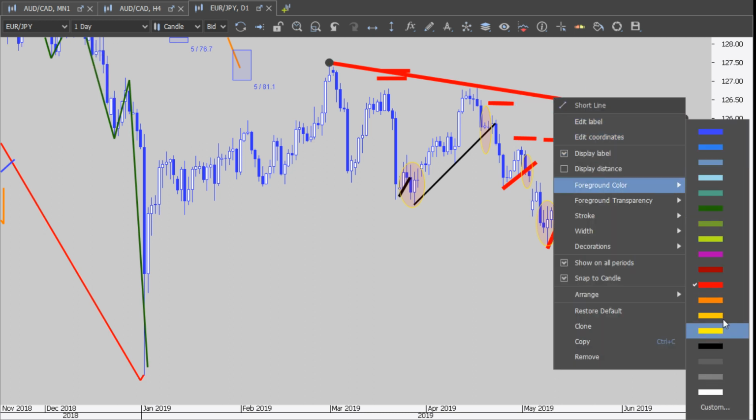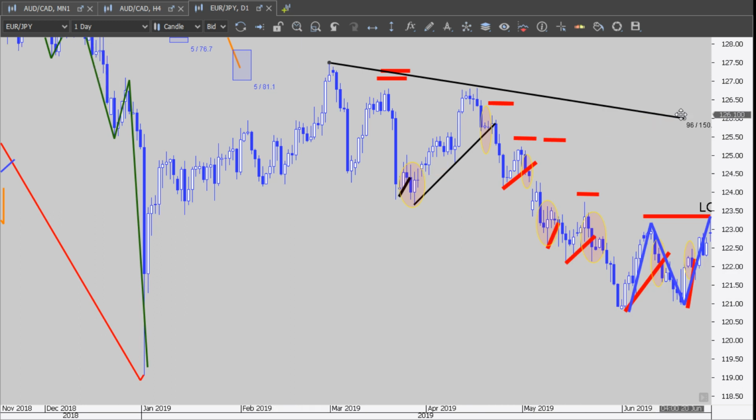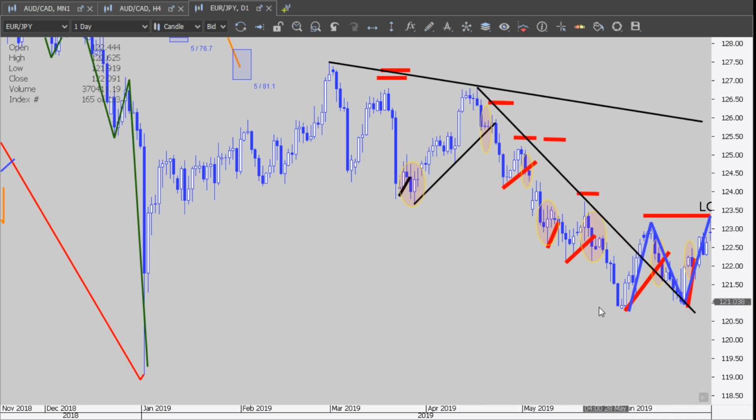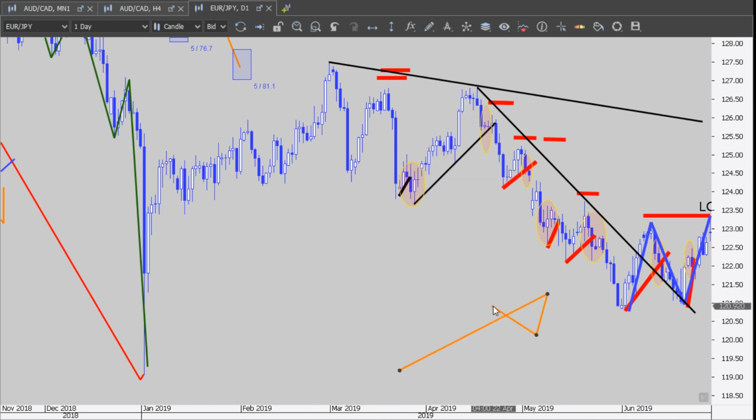Let's color this in black, like this. Okay. Now I have an up short-term trend, right? So this would be the medium-term trend line break, right?